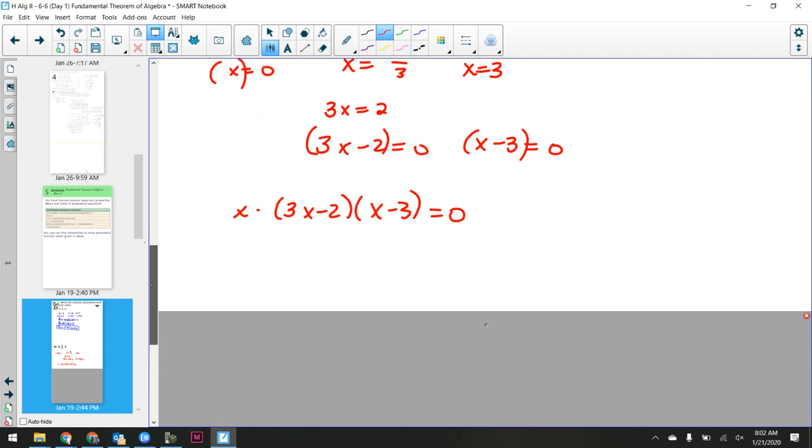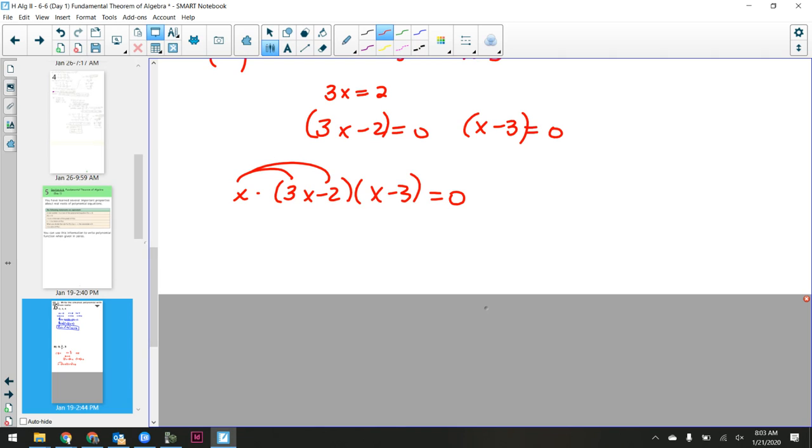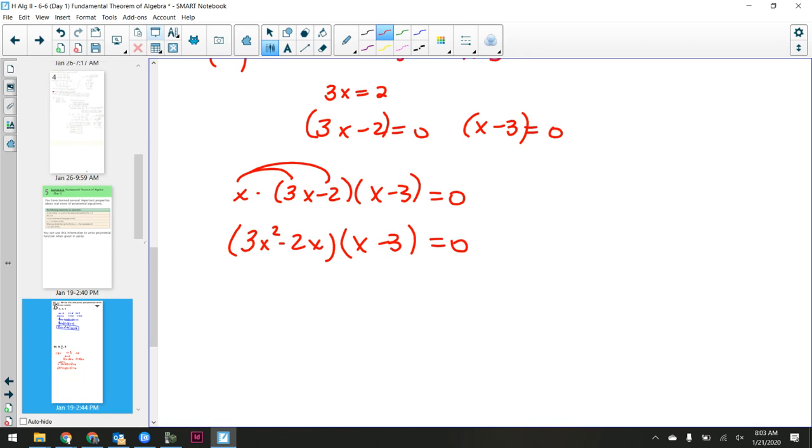Let's distribute the x to the 3x minus 2 first. 3x squared minus 2x. And then we'll just FOIL this out. I can leave off the equals 0, because now we're looking at the full polynomial. Let's call it f of x. Now let's FOIL it out.